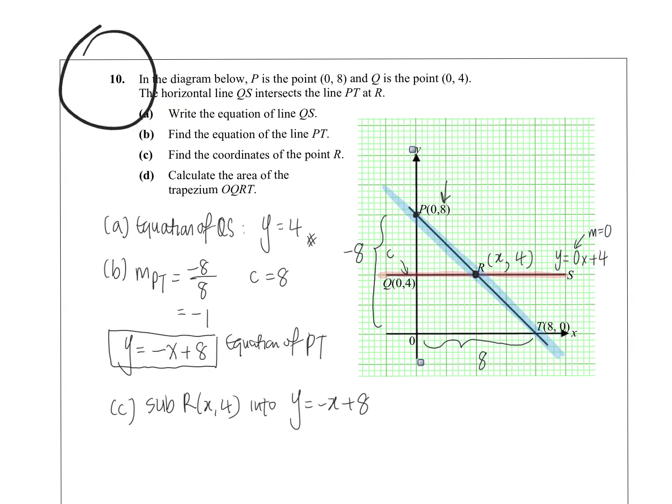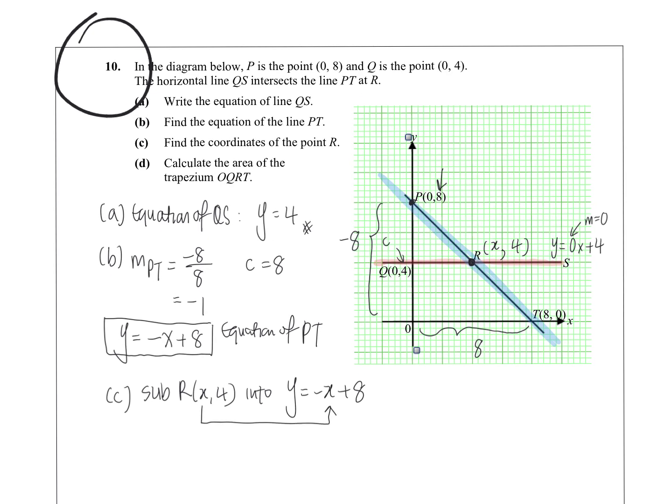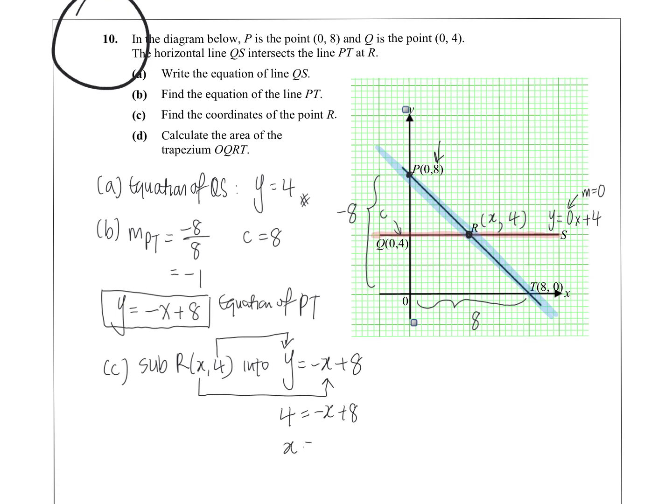So substitute the y as 4, so x is just 4. So R is 4, 4. So the coordinate of R is 4, 4 because I already know the y is 4.